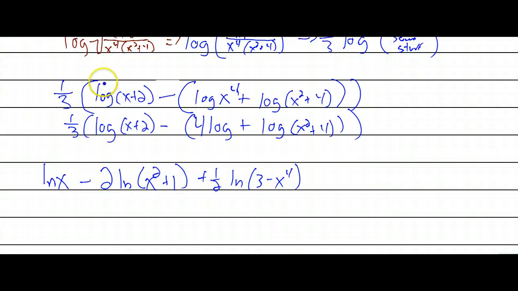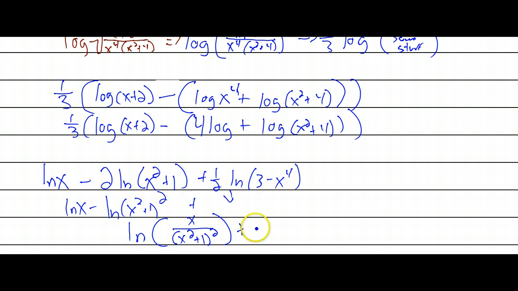Cool. So let's rewrite this. So it's gonna be ln x minus ln of x squared plus 1 divided by 2. Alright, so we can combine these two first. This stays the same. So we combine this to ln of x over x squared plus 1, that thing squared.